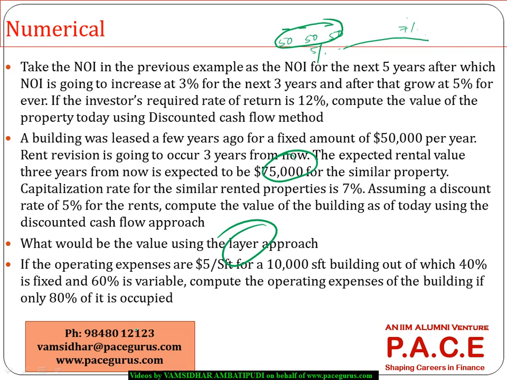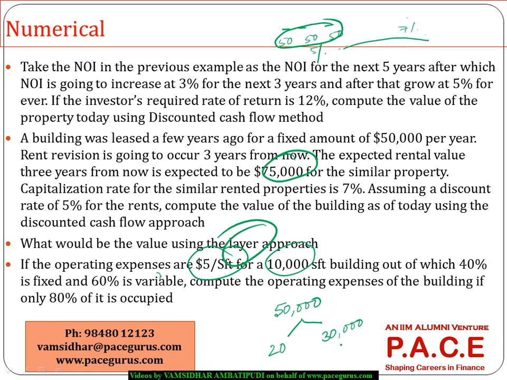And when I am computing the operating expenses for calculating NOI, one more thing that we need to be comfortable with is operating expenses. It's better that we break them off into fixed as well as variable like this. If the operating expenses are $5 per SFT for a 10,000 SFT building, so typically the operating expenses per month are 50,000, out of which 40% is fixed, so 20,000 is fixed, 60% is variable.